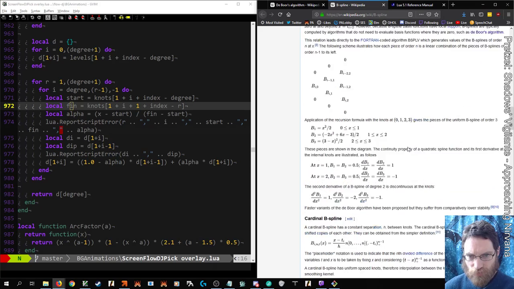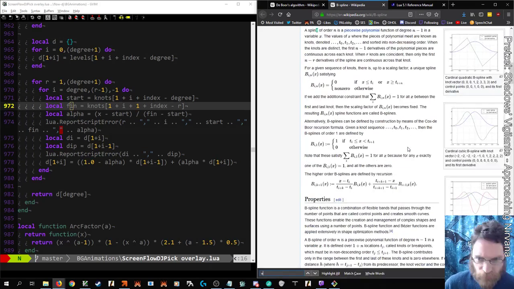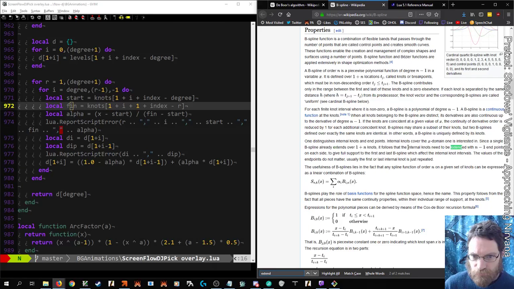Yeah, I thought I had found a thing like you have to extend it by... Internal knots to be extended with n minus 1 end points. 1 plus n knots. With n minus 1 end points. So that actually grows, the extension actually grows considerably as n increases.